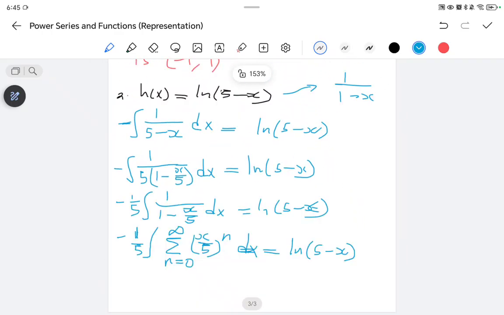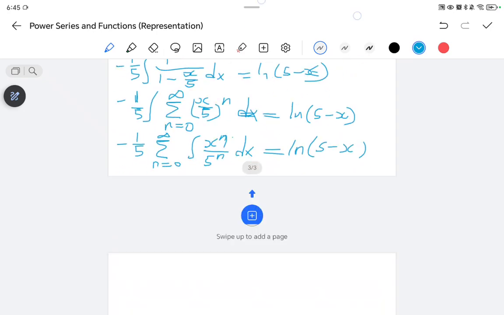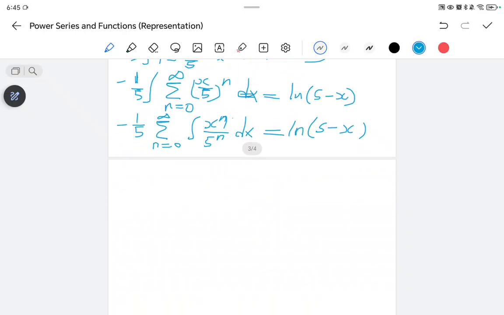You see, right, this is minus 1 over 5 integral of x to the n over 5 to the n dx is equal to ln of 5 minus x, and this would be minus 1 over 5, or I'll put it as minus 5 to the minus 1 times 5 to the minus n.